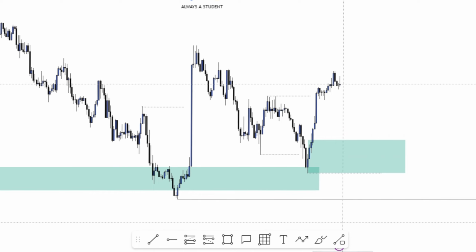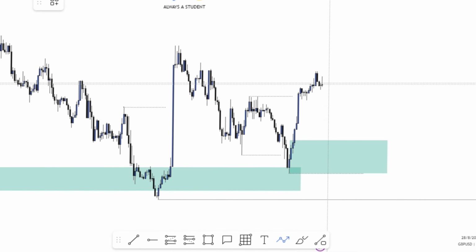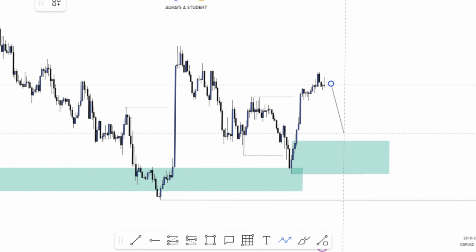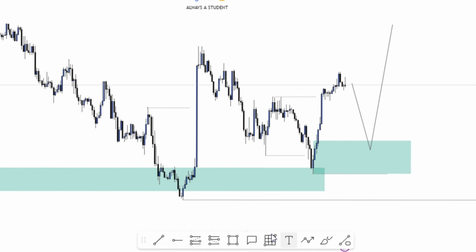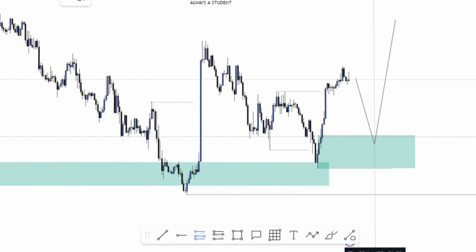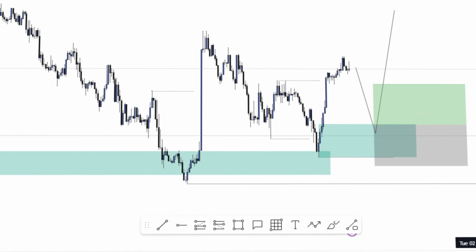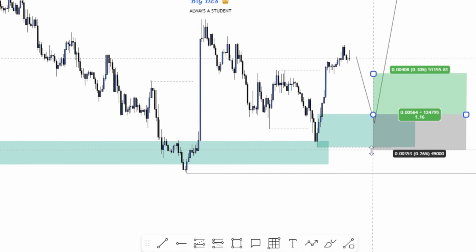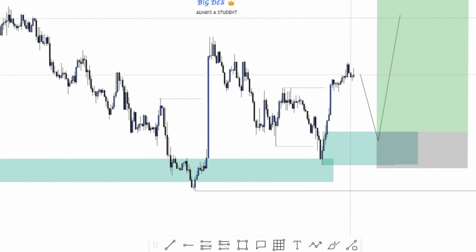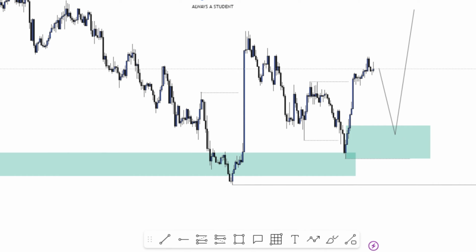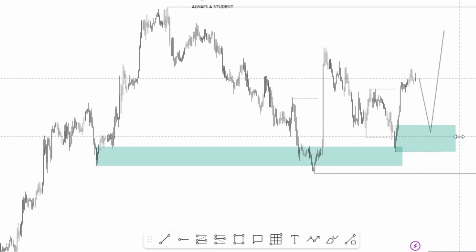It's very likely that early traders would like to do what? Join in from here, which means putting their stops below this low right here, and their target, wherever. But it's their stops we are actually after.